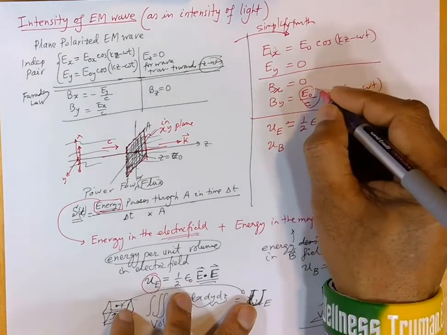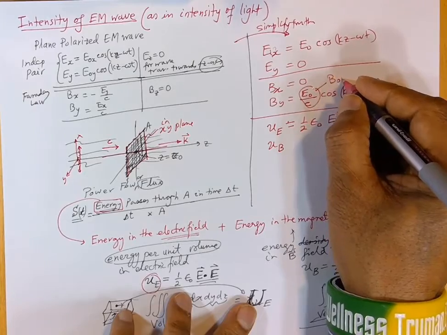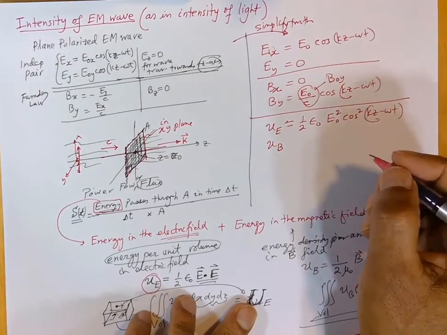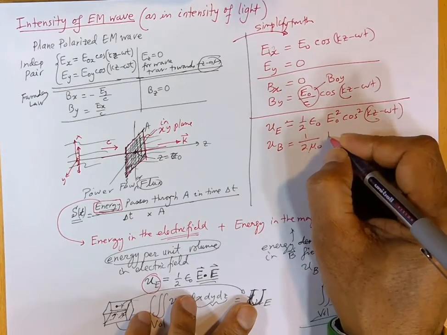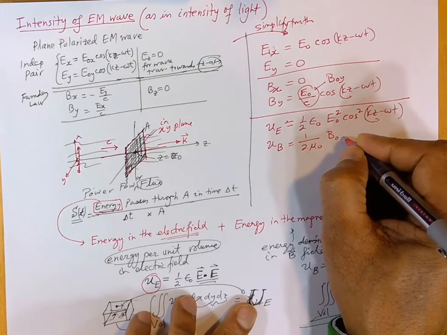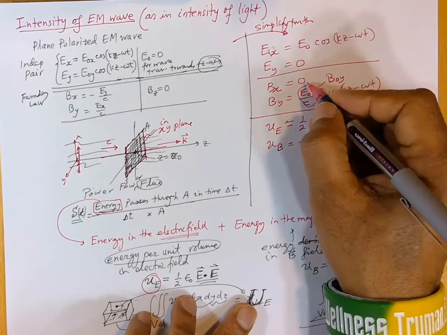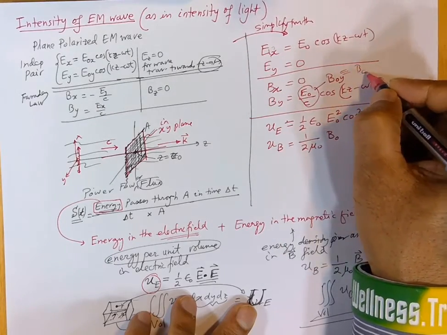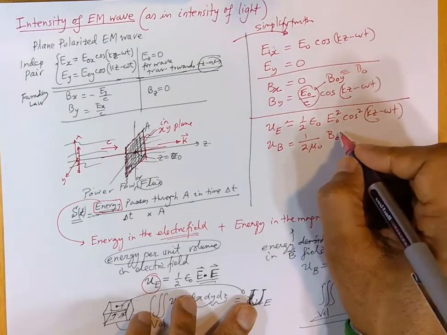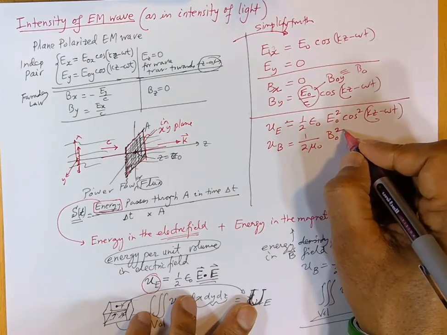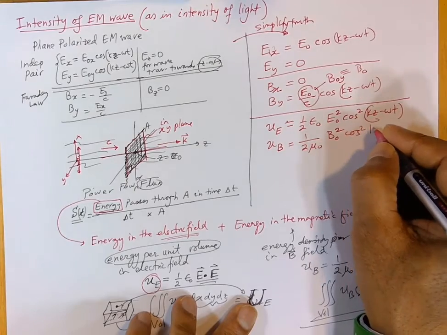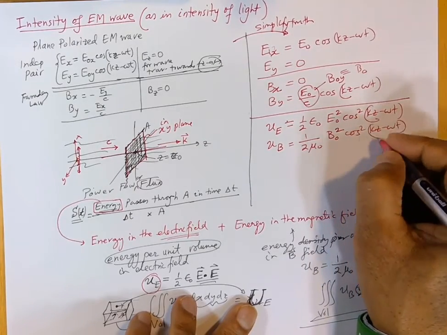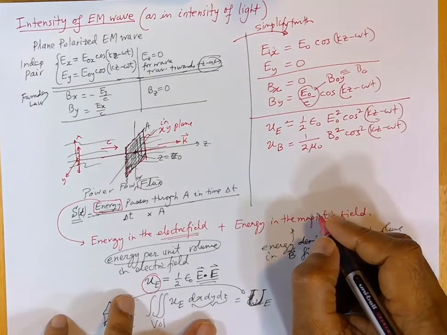I'm going to write this as B0 y, just for here. It's 1 over 2 mu naught times B0 squared cosine squared(kz minus omega t).